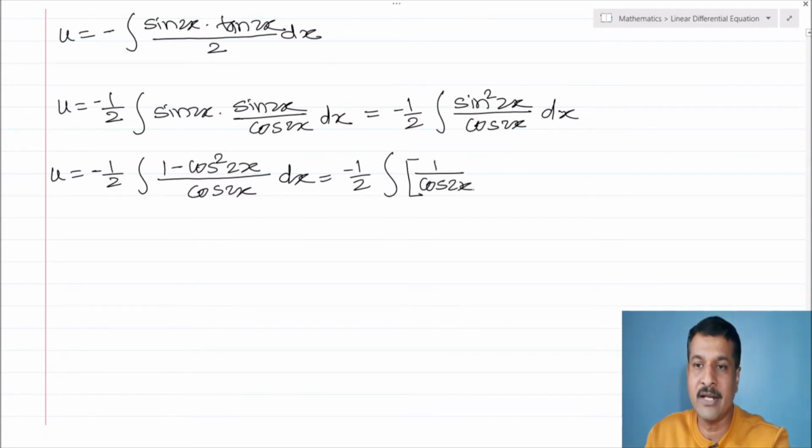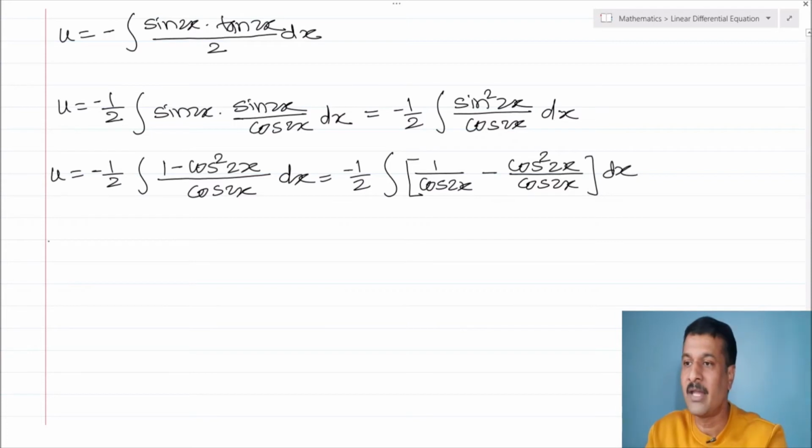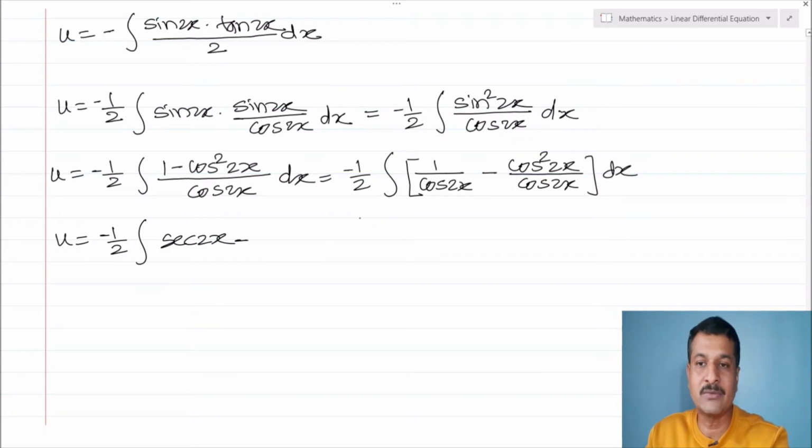Directly also you can write minus cos square 2x upon cos 2x into dx, and therefore u equals minus 1 by 2 integration of 1 by cos, that is sec 2x, minus cos square by cos. So one cos gets cancelled, and I am getting cos of 2x only into dx.